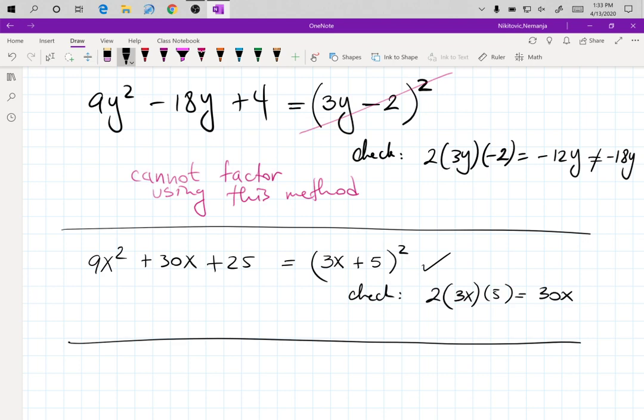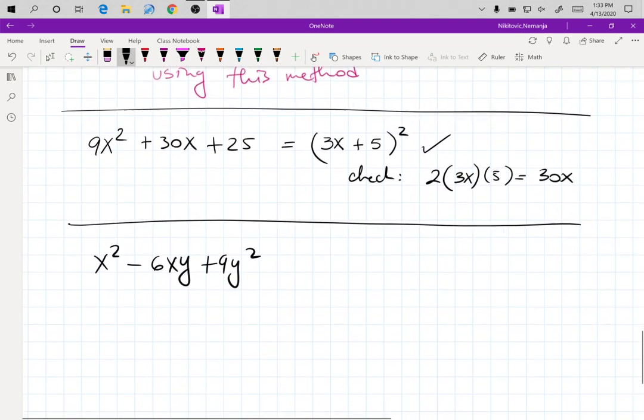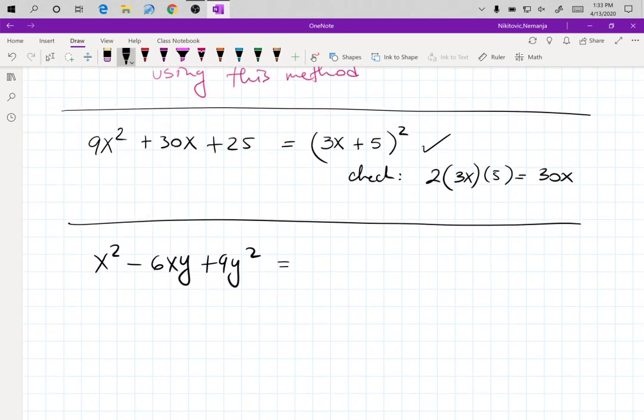Let's see another one. Let's take a look at some of these more complicated cases, like x squared minus 6xy plus 9y squared. Alright, so square root of the first is x, sign of the second is a minus, square root of the third one is 3y.